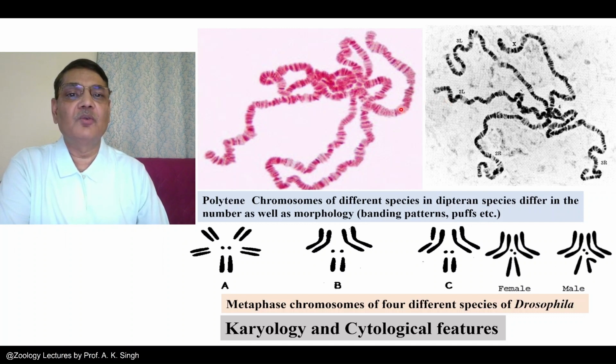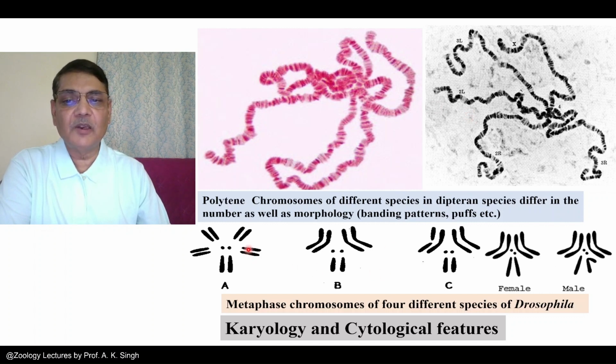In others, there could be 6 arms. Based on the type of karyotype, the number of chromosome arms varies. If a chromosome is acrocentric, then almost a single chromosome arm would be seen. But if a chromosome is metacentric, then it will be represented by 2 arms. So polytene chromosomes are used for taxonomic purpose.